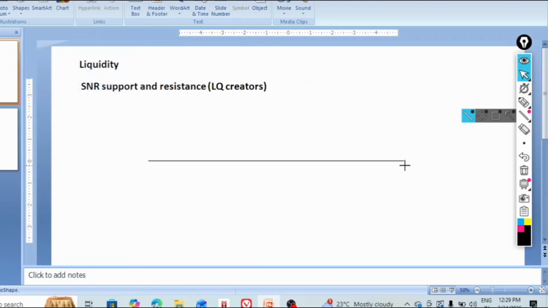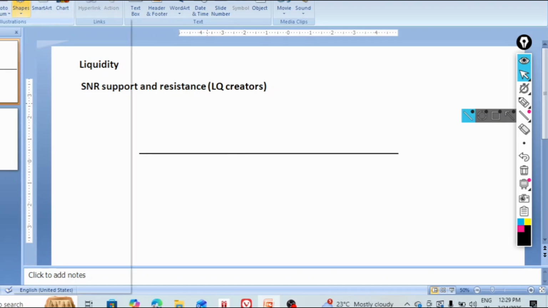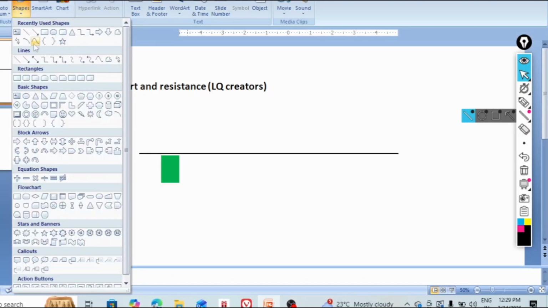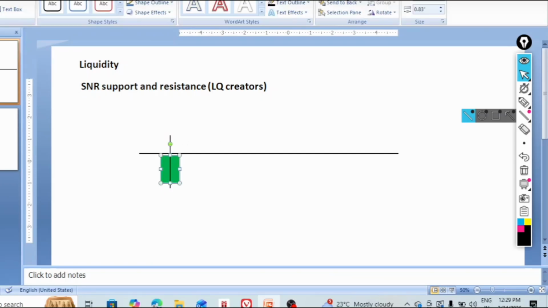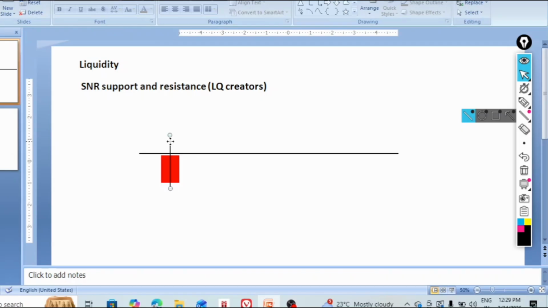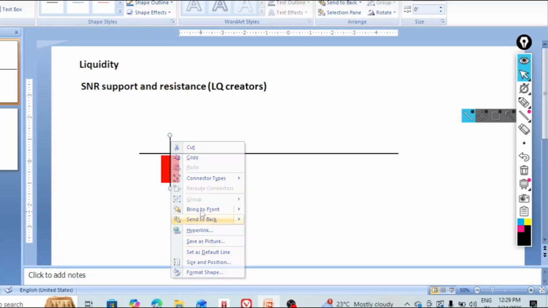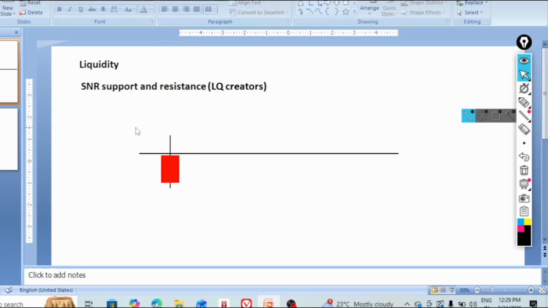Suppose here we have the resistance level. This is the resistance. Let me draw it. So this is the resistance area.